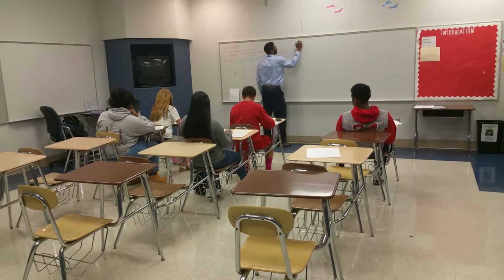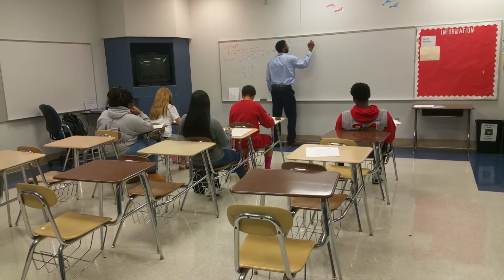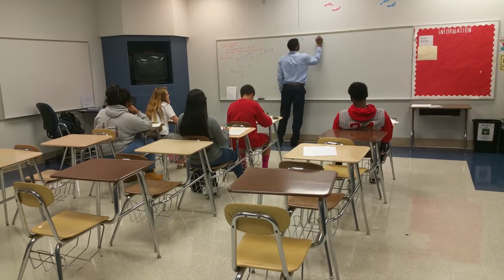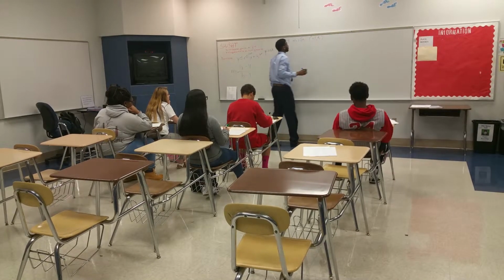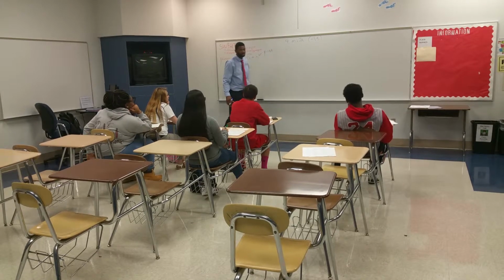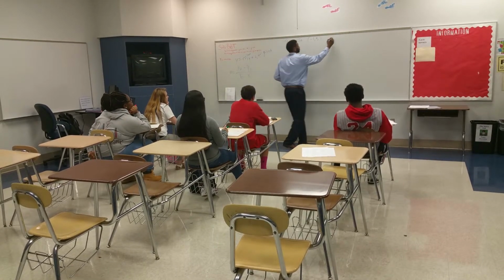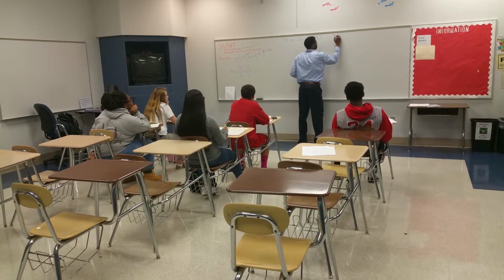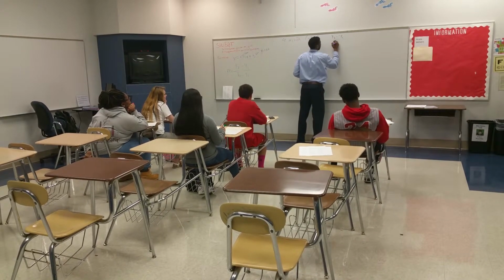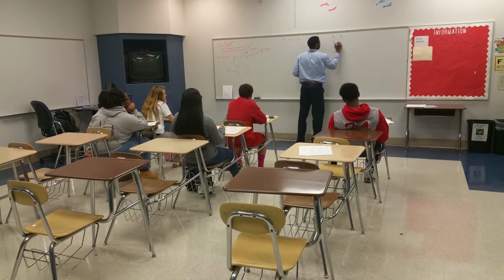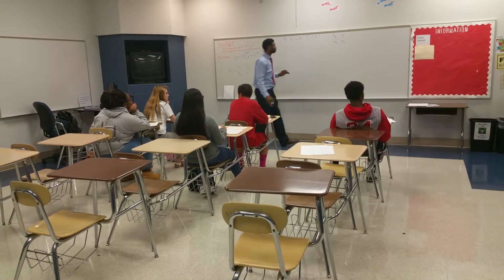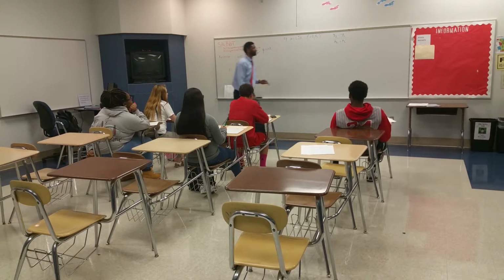M equals 2. And the point is -1, 5. So, which equation do I need to solve this? You said y2 minus y1 over x2 minus x1.